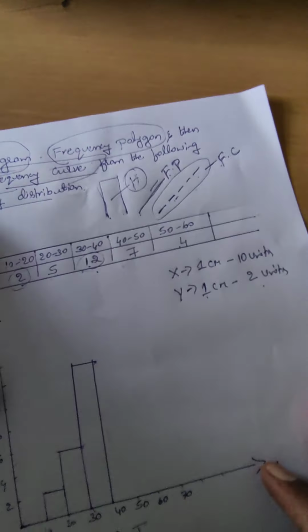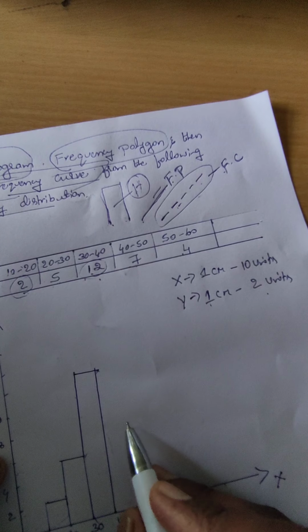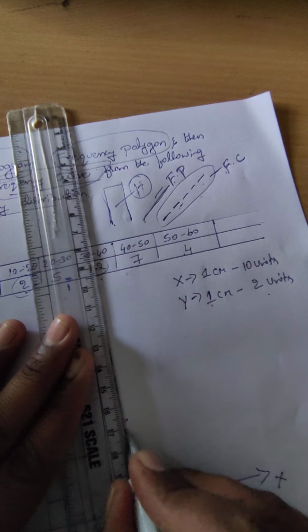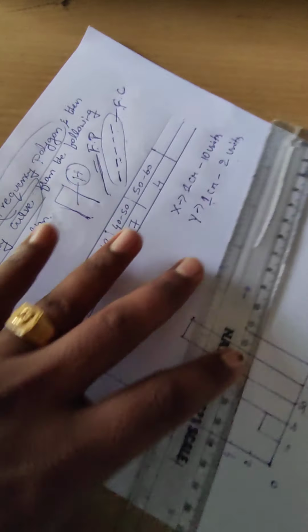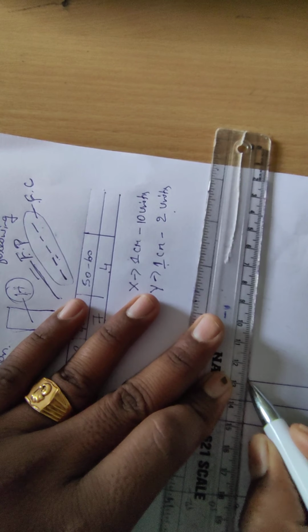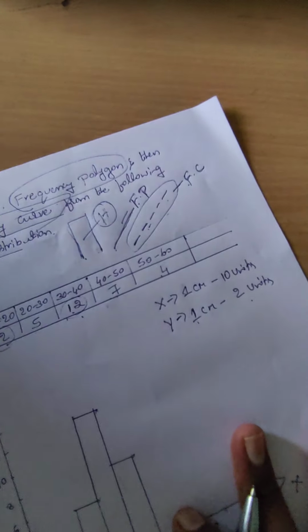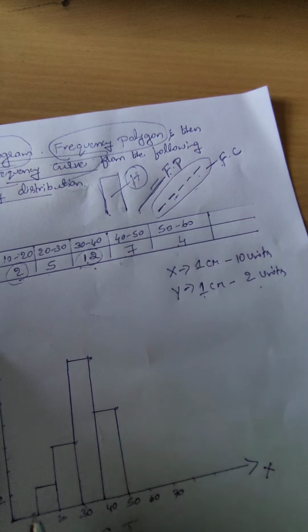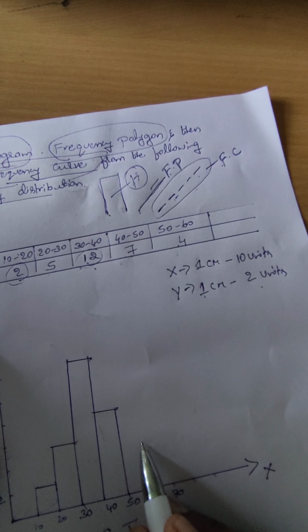Next, 40 to 50: the frequency is 7, between 6 and 8. Next, we connect. Then coming to 50 to 60, the frequency is 4.